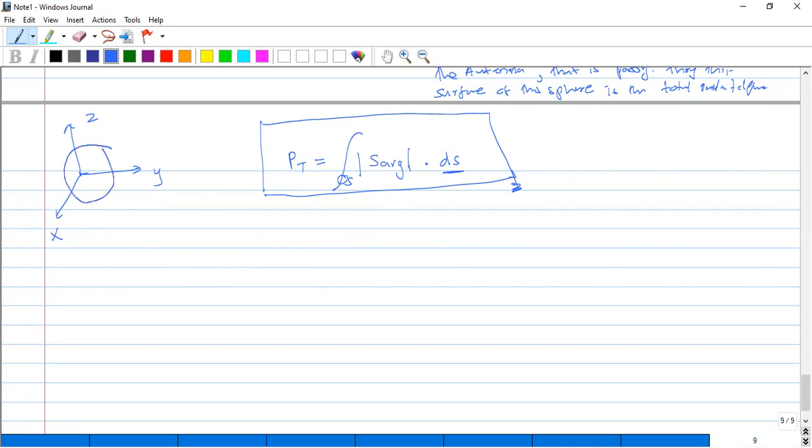So this is a sphere. You have to consider the sphere like this. If you consider a small cross section, we will try to write this. It is a sphere like this.